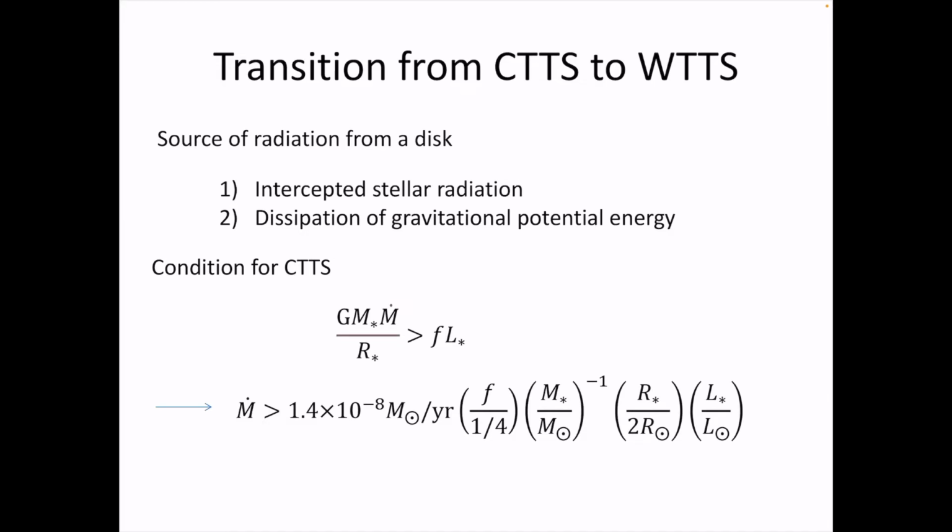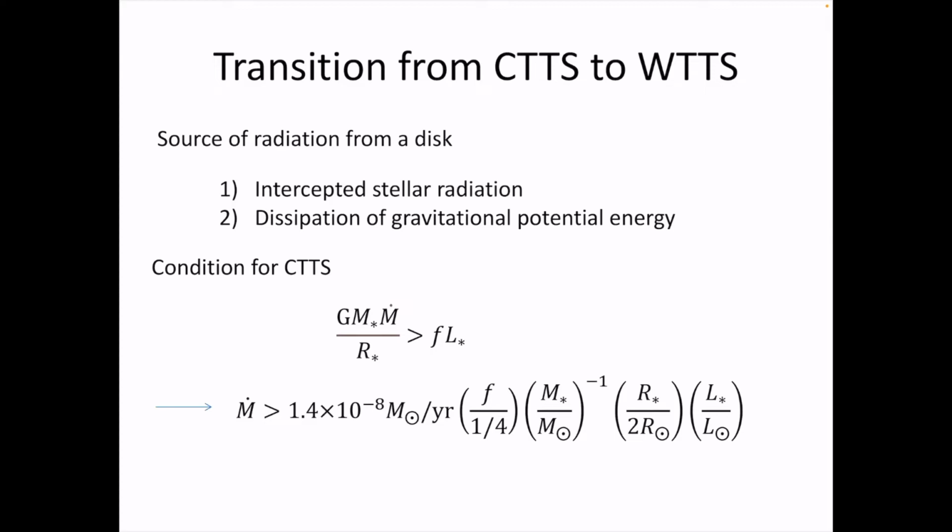During the falling process of a gas molecule to the protostars, potential energy is lost. Then this lost potential energy is converted to kinetic energy. So increasing the kinetic energy of the gas molecules increases the temperatures, giving an excess of infrared radiation.